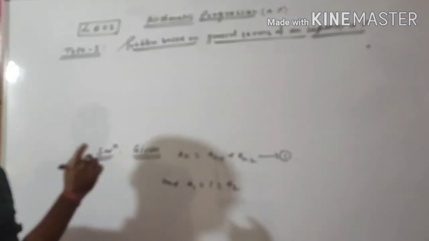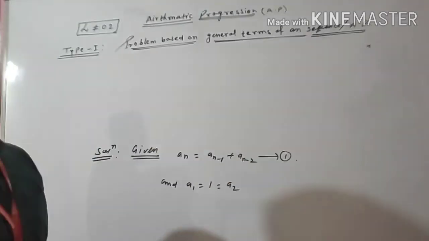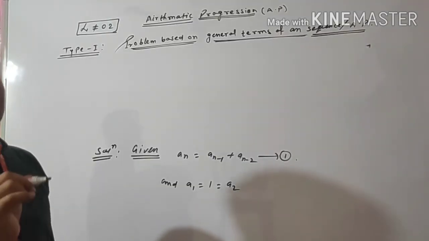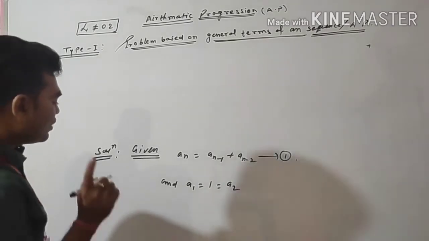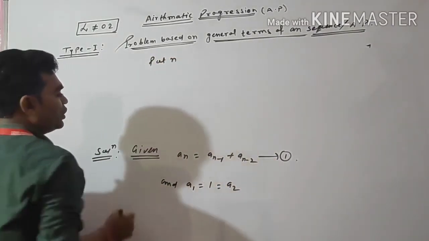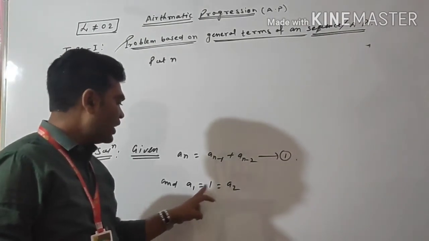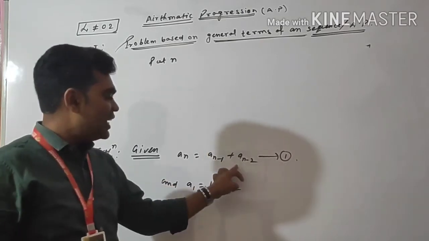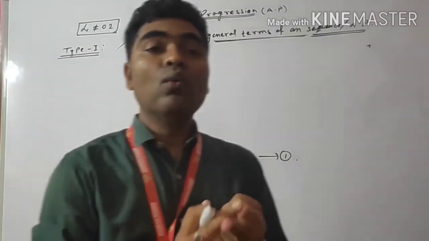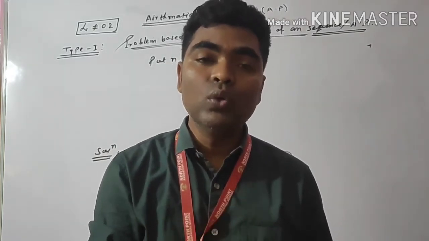Now we put, step by step, n equal to 1, 2, 3, 4 and 5. At first we put n equal to 1. Already a1 and a2 are given, but this relation is valid only for n greater than 2.